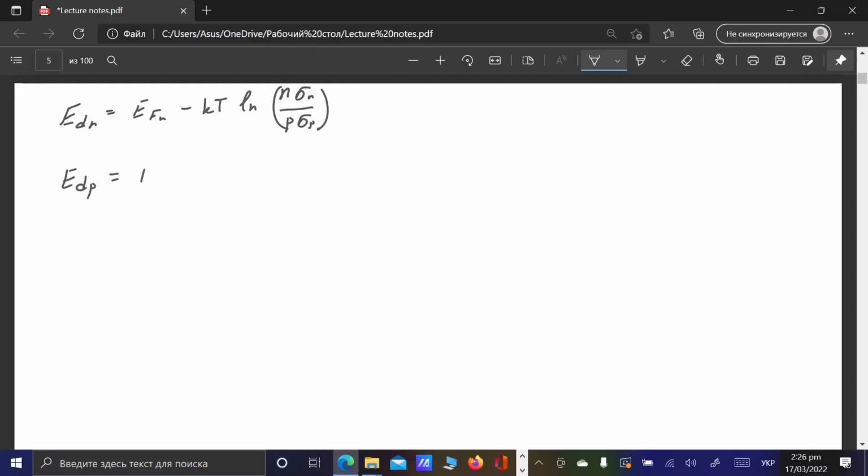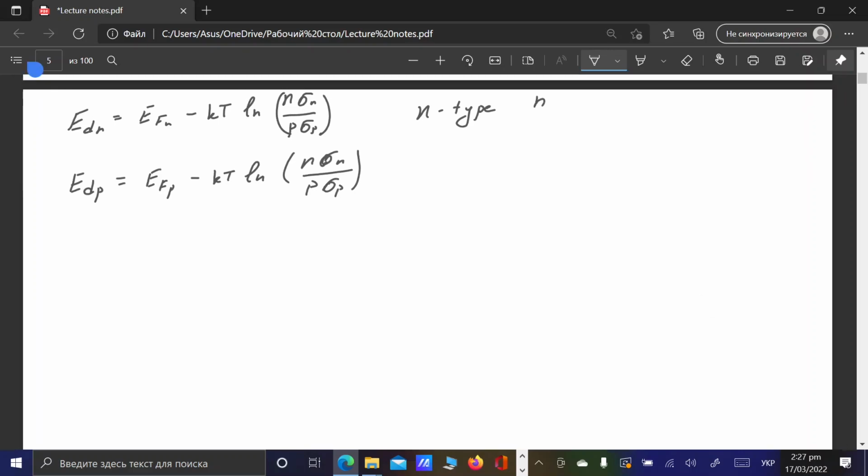EDP will be equal to EFP minus KT natural logarithm of N times sigma N divided by P sigma P. So now, if we consider an N-type semiconductor, this ratio N times sigma N divided by P times sigma P will be larger than unity. Then this natural logarithm will be positive.